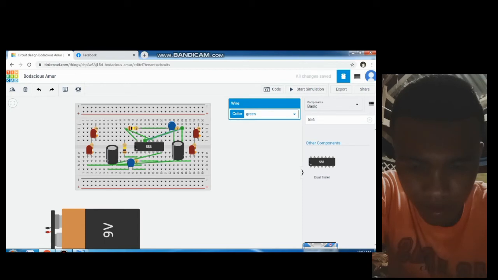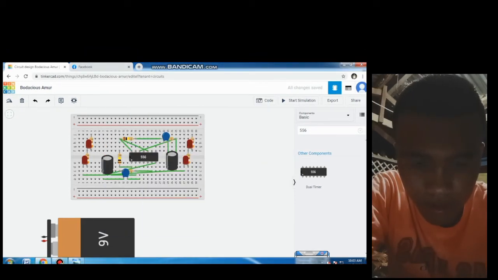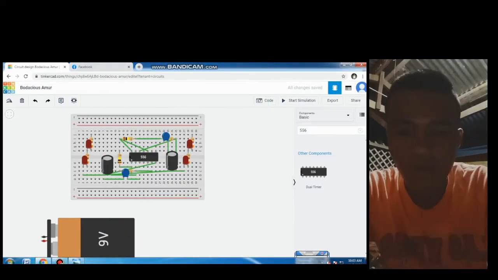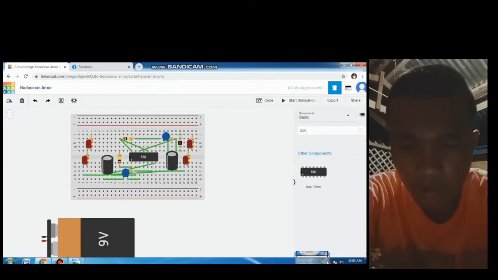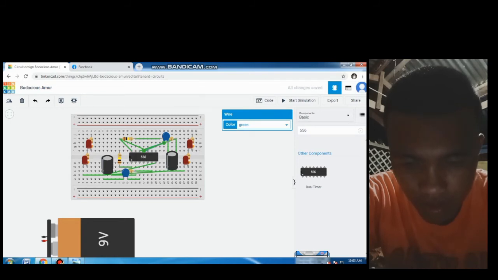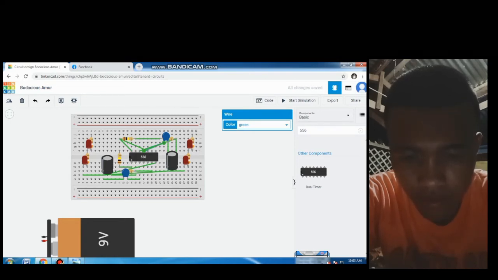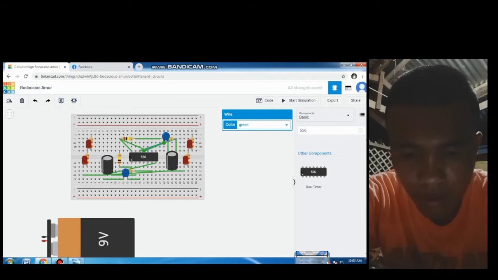Resistor to number 12. Okay, next is the capacitor to number 11, and the resistor to number 8.